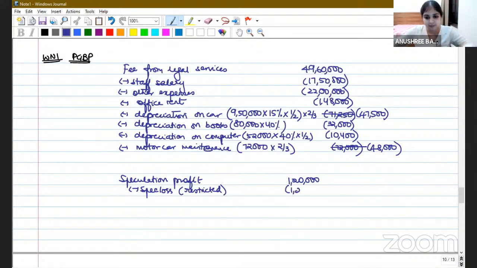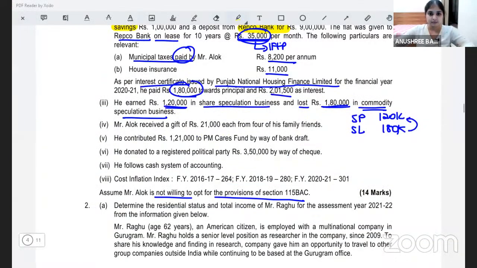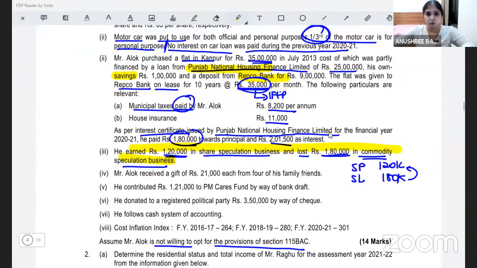It's 1,80,000, but I'm restricting it to 1,20,000. So how much are we left with now? 0. Remember, at the end, we'll put a note on share speculation loss being carried forward. Okay, I've highlighted this. We'll put a note on this a little later.